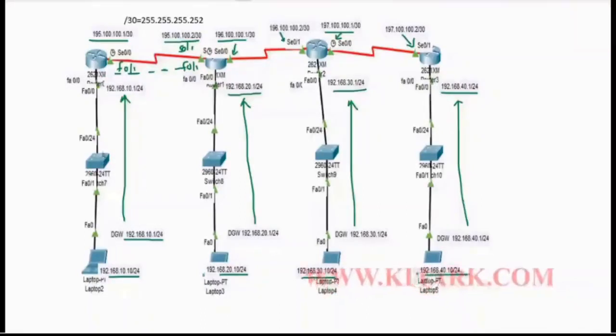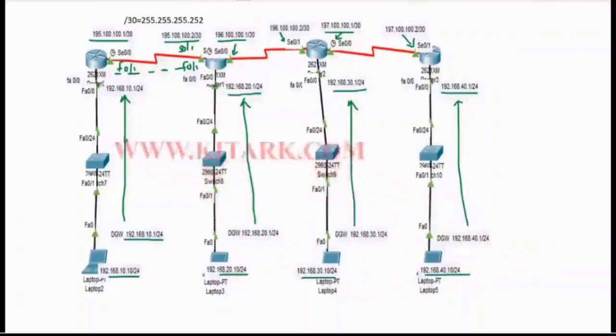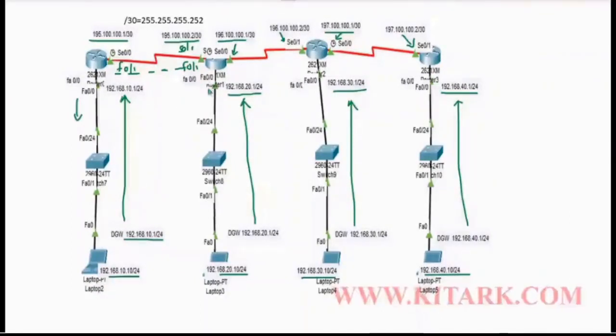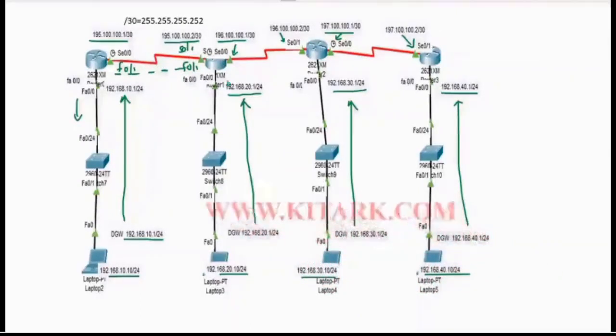If you connect a router with a switch, you are connecting a MAC device with a non-MAC device, so you need to use a straight through cable. These are the basics you have seen in our previous lectures. If you have any doubts, you can refer to those tutorials.